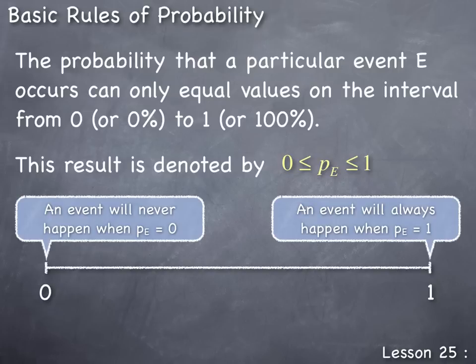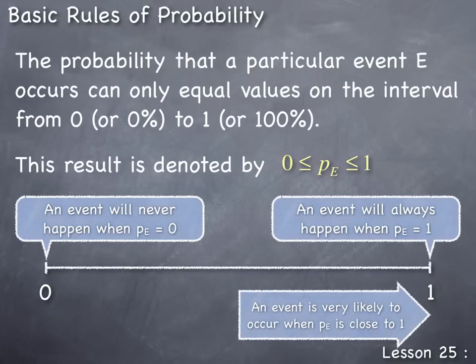All other probabilities fall somewhere between this range from 0, meaning never happens, to 1, which means always happens. So probabilities in between just indicate that sometimes the event can occur and sometimes it does not. Reading this scale in this manner is how we interpret probabilities.